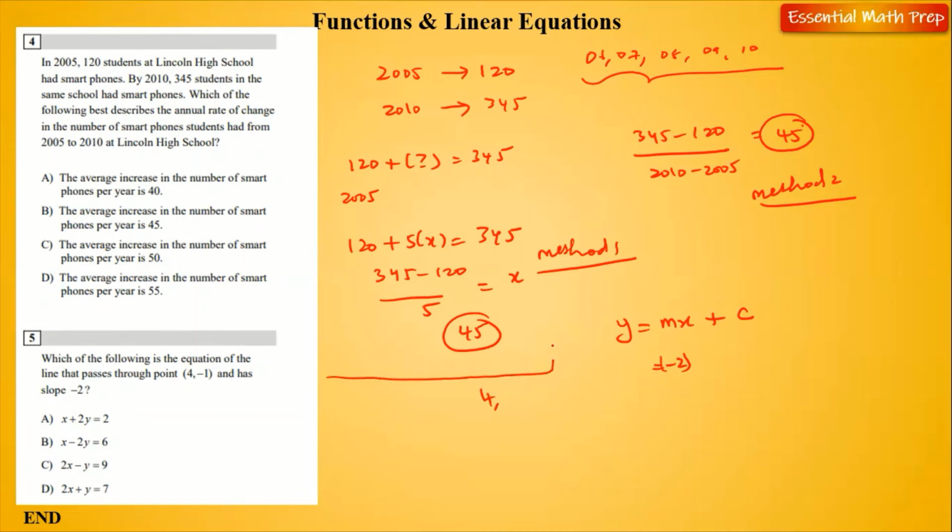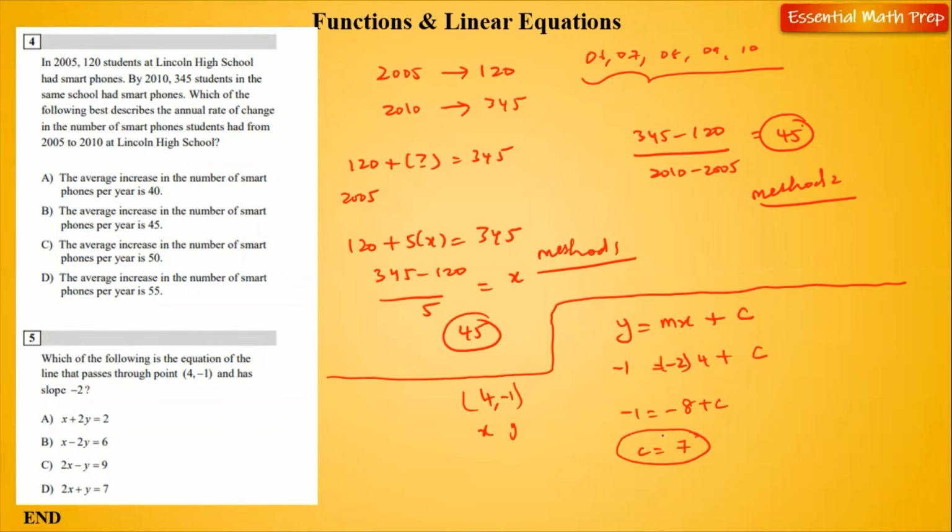Let me actually draw a boundary so we know that this is a new problem. So this is our x, this is our y, right? So y is -1, x is 4 plus c. So -1 equals -8 plus c. So c equals 7. So intercept is 7. So right away we know it's d, but let's actually finish it up.